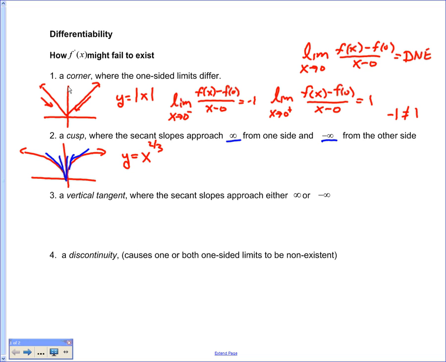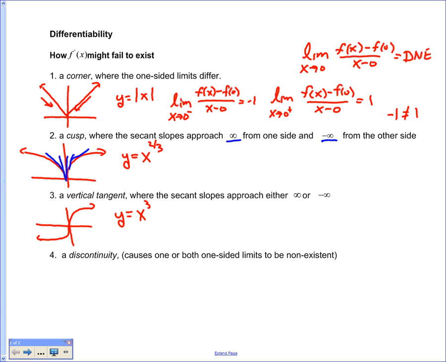Moving on, the next one is where there's a vertical tangent; the secant slopes are either approaching +infinity or -infinity. So an example here would be a graph that looks like this.